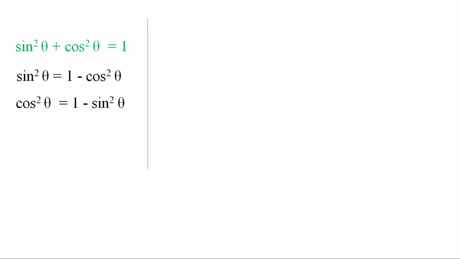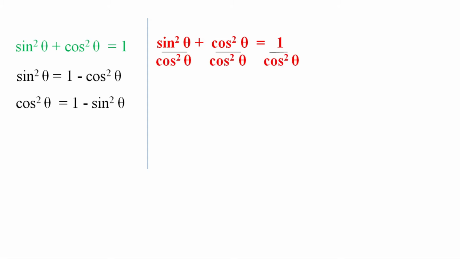Let us see. We will write the main identity once again, and then we will simply divide each of these terms by cos square theta, and on simplifying we will get our fourth identity. So the first term over here is sine square theta upon cos square theta.